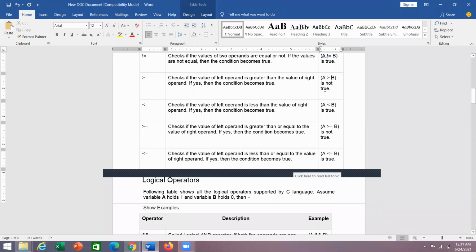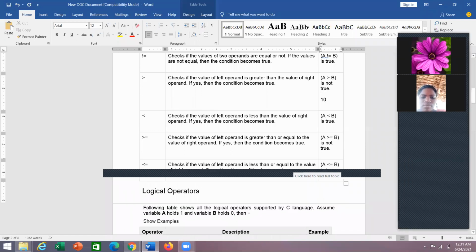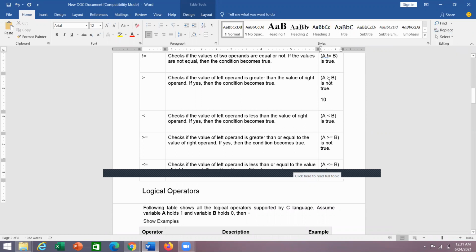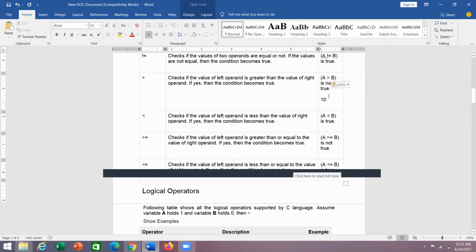So here A value is 10, and greater than means 10 greater than 20. Is it right?